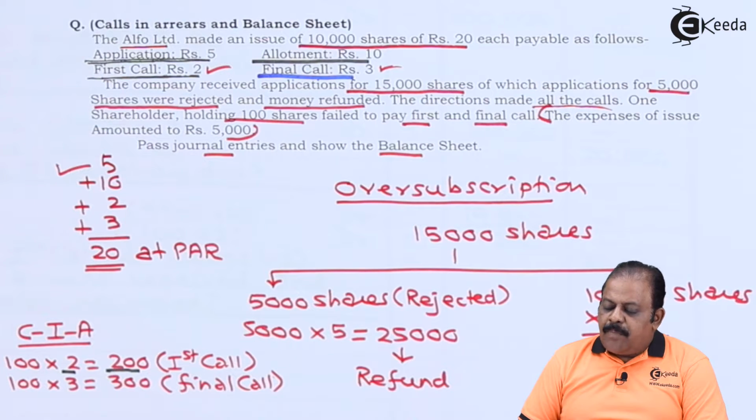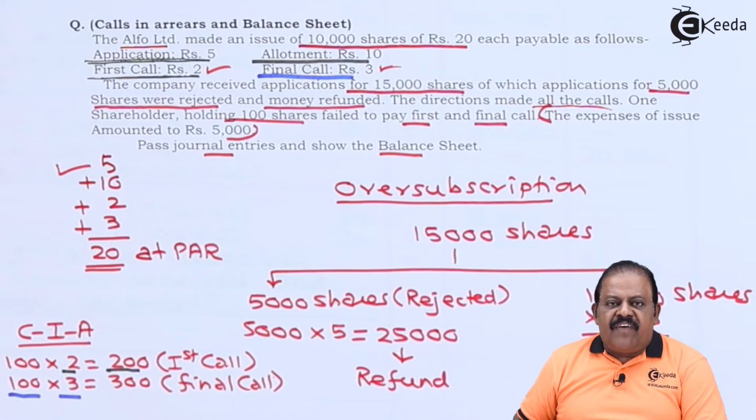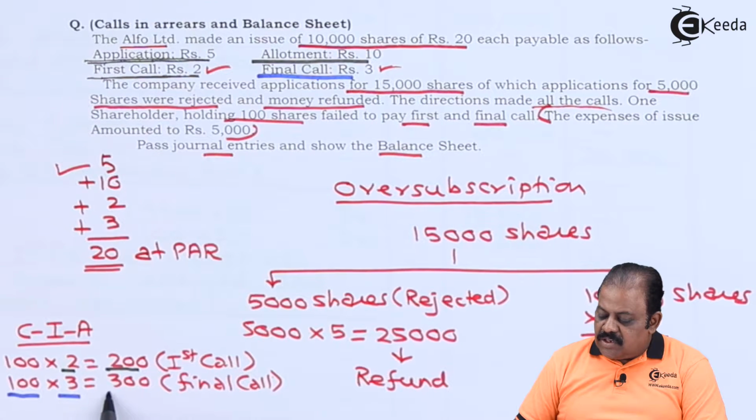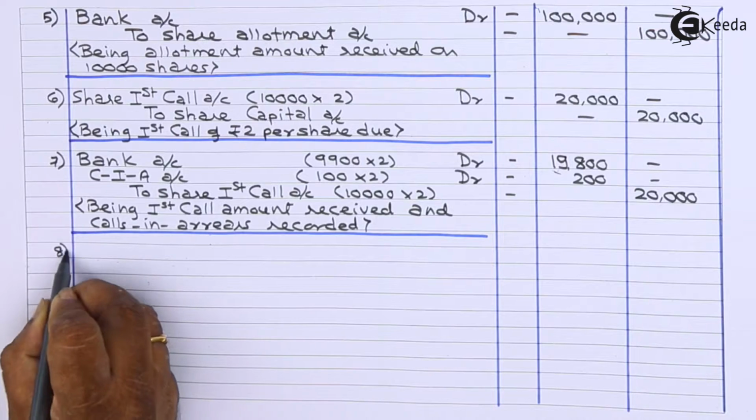All the shareholders have paid this amount except one shareholder holding 100 shares failed to pay 3 rupees on final call. That amount comes to 300 calls in arrears. Let us do first entry for demanding final call.